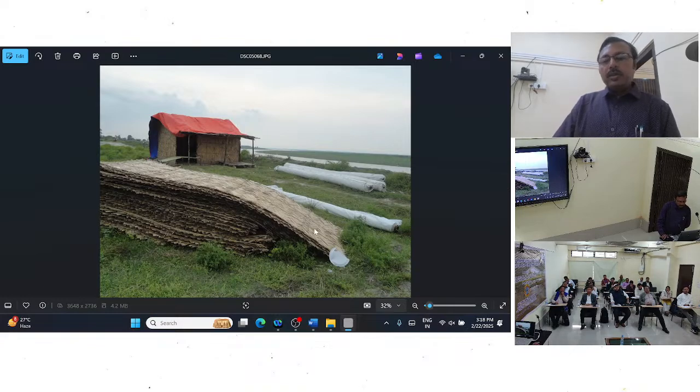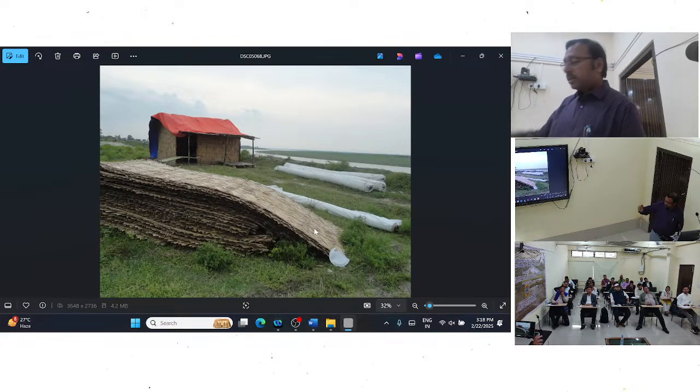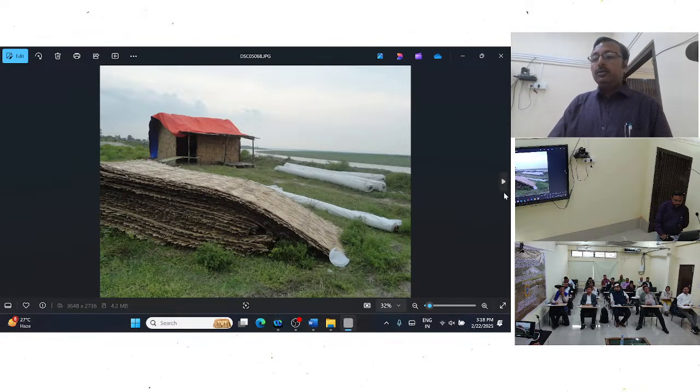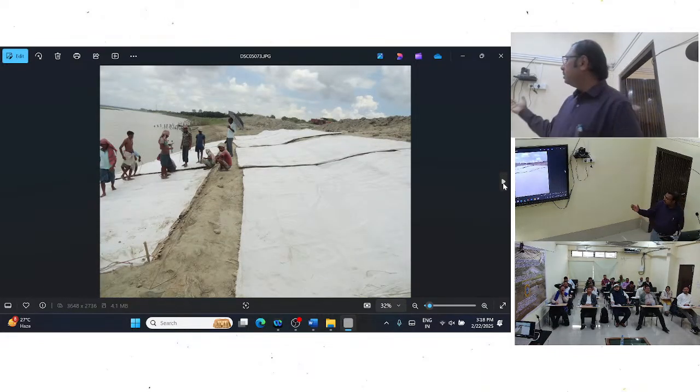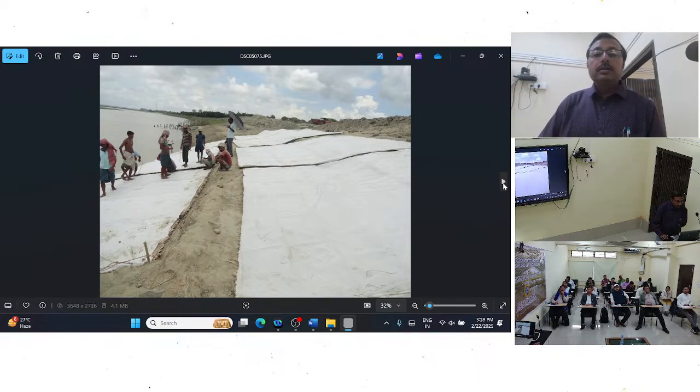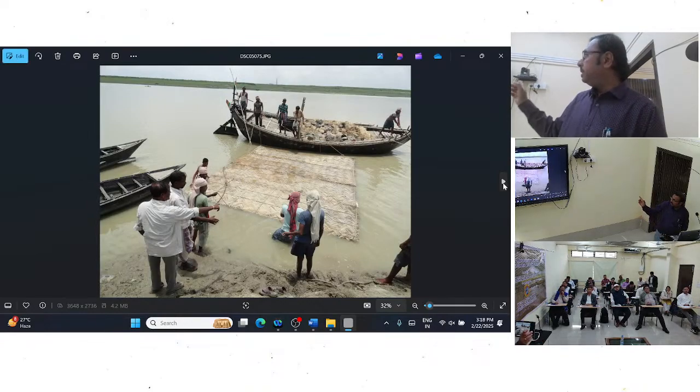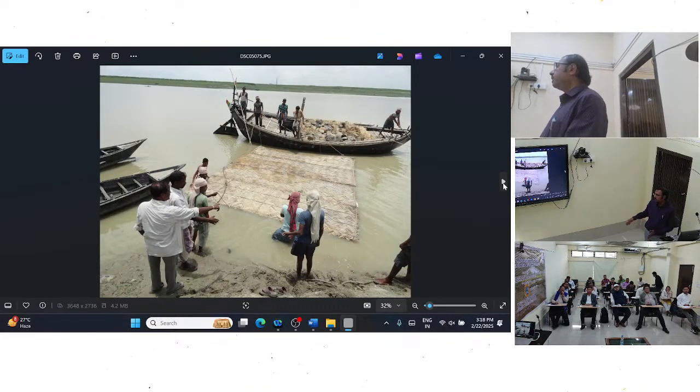This is the tarja mat and that is the geotextile. Now I am showing you how we tie this on the land. The geotextiles actually come in 5 meter width.